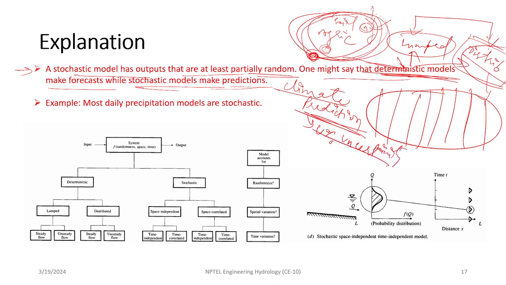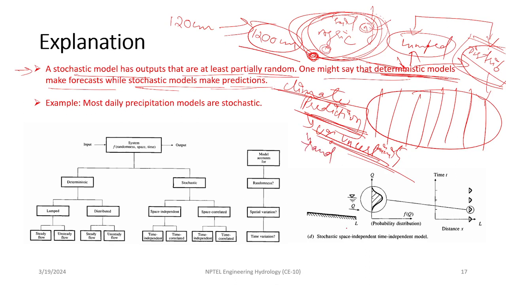No one can say that in the region I'm receiving only 120 centimeter of rainfall. If any forecast is happening and they say that 1200 centimeter will be there, definitely it won't come, because they are just adding the word prediction. So prediction will always come with a certain degree of uncertainty. This uncertainty is represented by the word randomness.